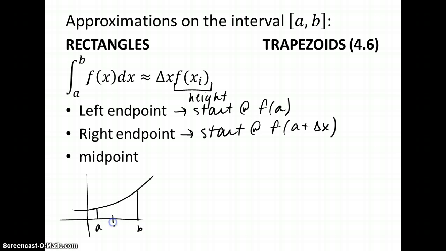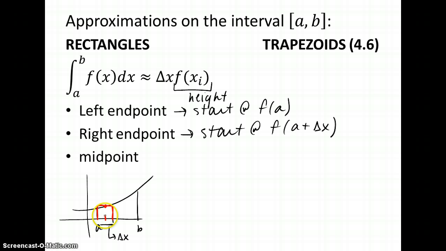If I'm looking at an interval, this space here would be delta x, then what would the midpoint of this interval be? If we drew a rectangle to approximate the area, the height of the rectangle is going to intersect the function at the midpoint of the interval.